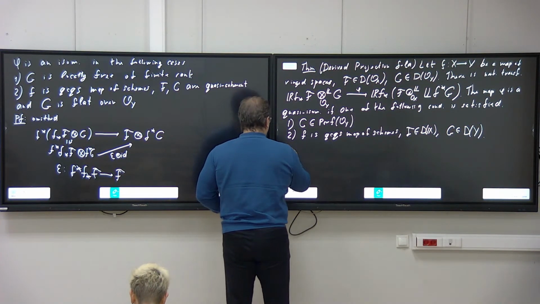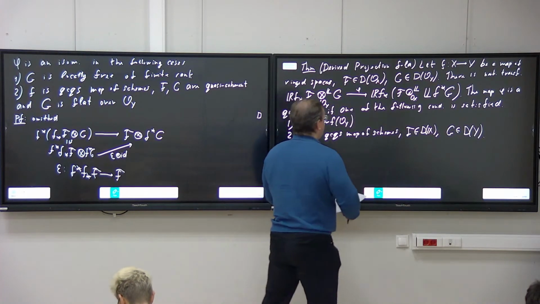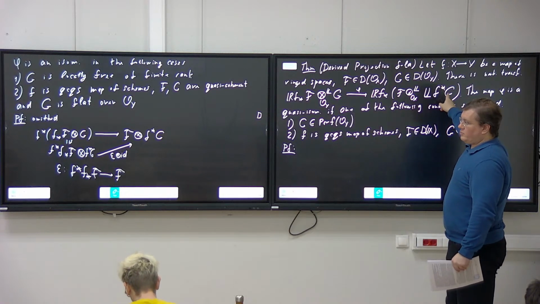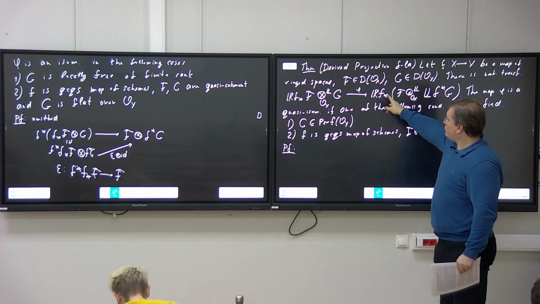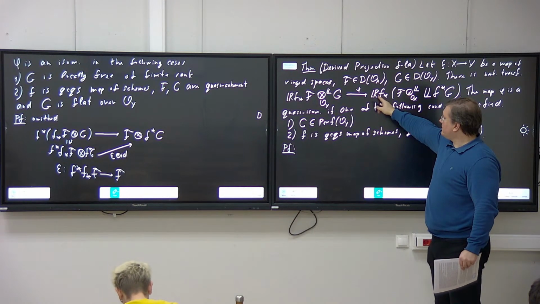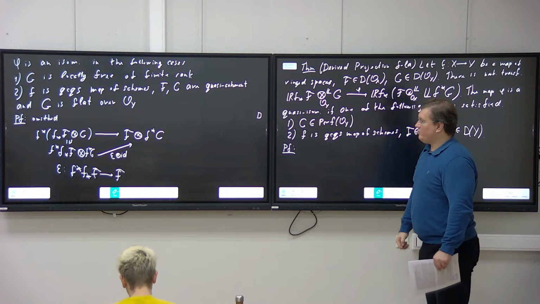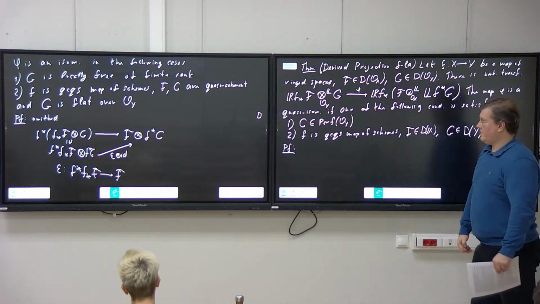Okay, so for the proof, the existence of this map you can do in the same way. You use the adjunction, and that computation works if you put derived functors everywhere.